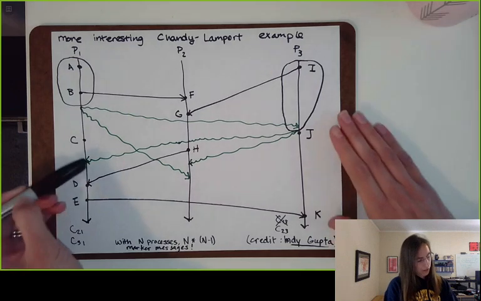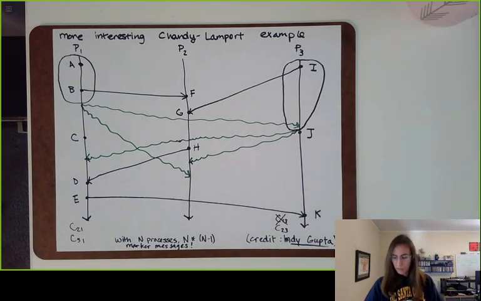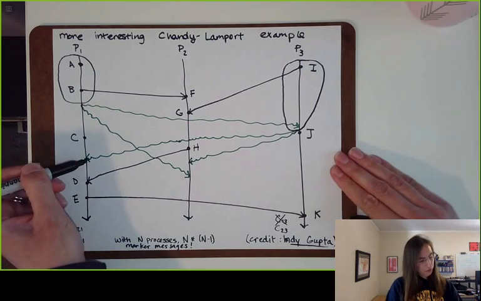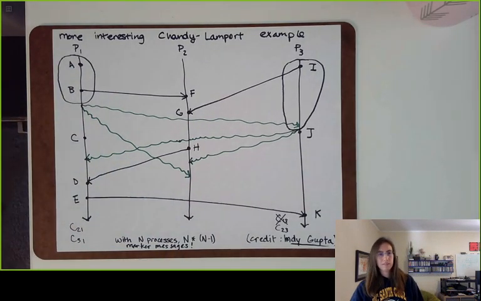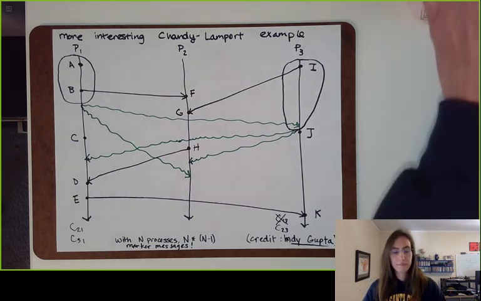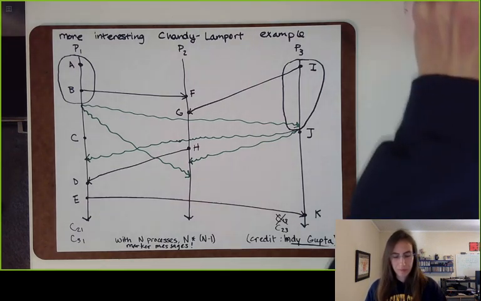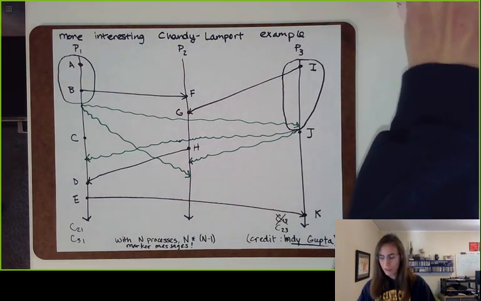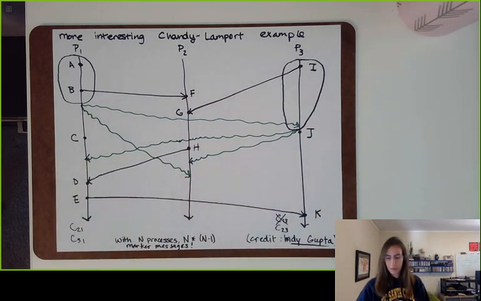Let's look here at what's going on at P1 first. This marker message, is it the first marker message that P1 has seen? No, because it originally sent them. So it's not the first marker message that P1 has seen. So what does P1 do?